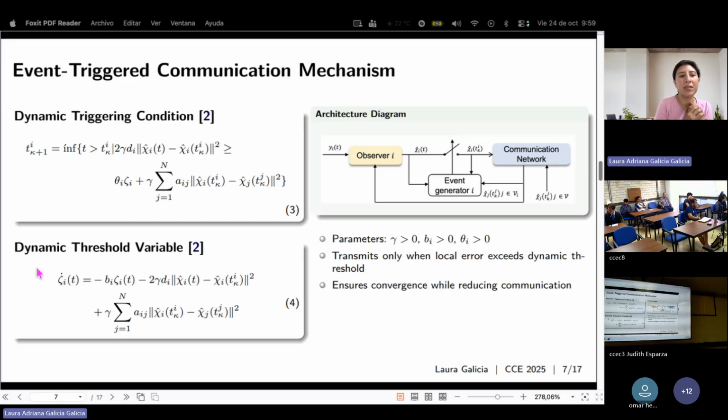This variable helps for the dynamic trigger condition.